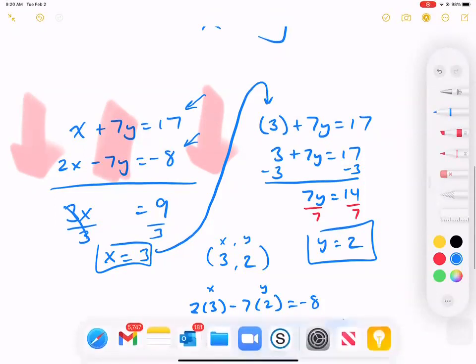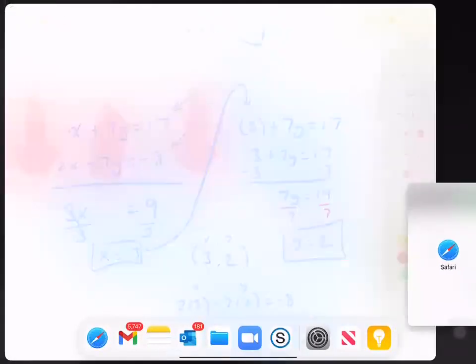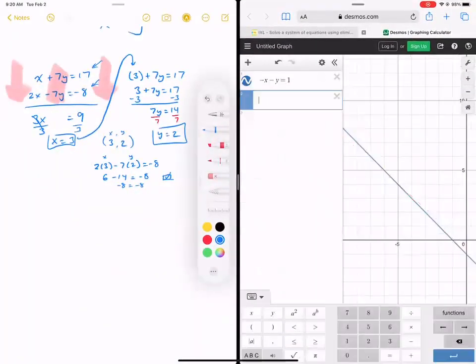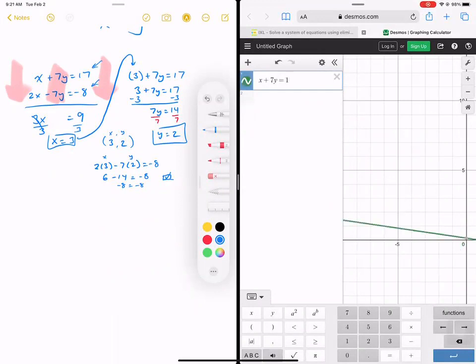Now, again, if I want to, we could graph it just to prove a point here. But really, we don't have to. Graphing is actually just an extra step, just to validate our solution. The first equation is x plus 7y equals 17, and the second equation would be 2x minus 7y equals negative 8.